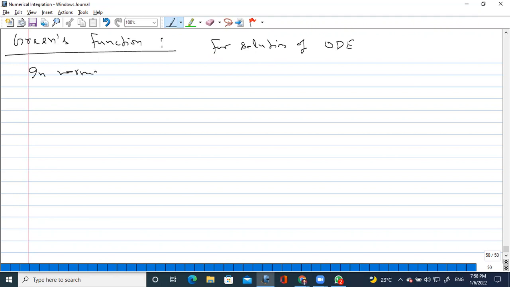Okay, so in the normal method, what do we do for solving an ordinary differential equation? What do we use?